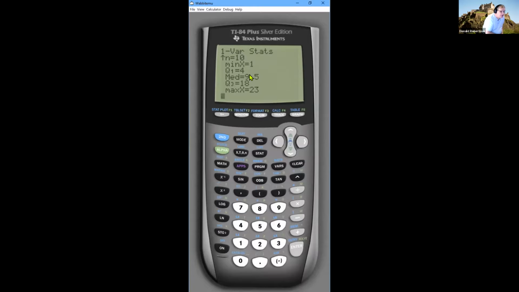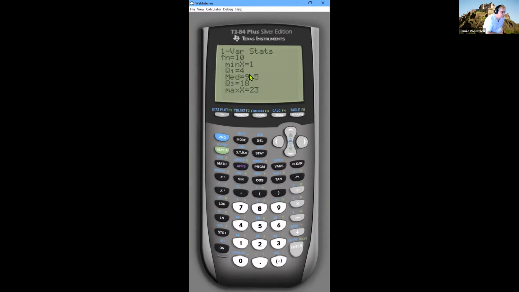Are we good with how the calculator is going to reduce our workload? Right. There are some questions you have to do on the calculator. You could do the two that we've just done, the mean and the median, by hand, right? You could still do those by hand, but there are other things like standard deviation, for instance, that you couldn't do by hand.